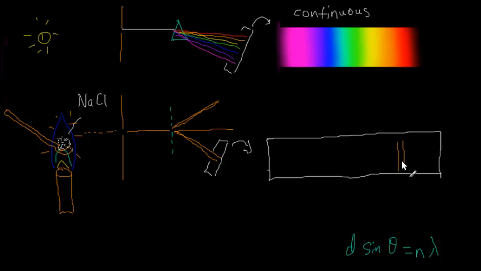Now, it's not surprising if you have seen the color of sodium chloride. It's not so surprising that you would not see all the colors of the rainbow, that it would kind of look orange. But what was surprising was that the spectrum shows as just two very sharp lines, right? It's like two lines that you would draw with your pencil.